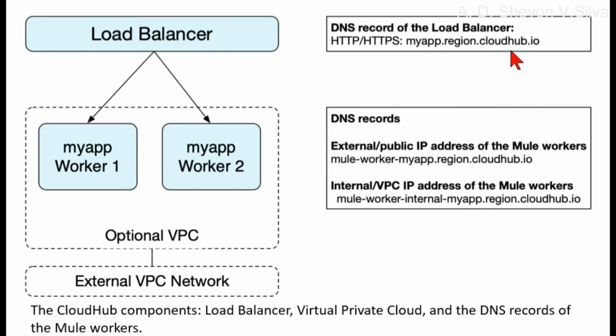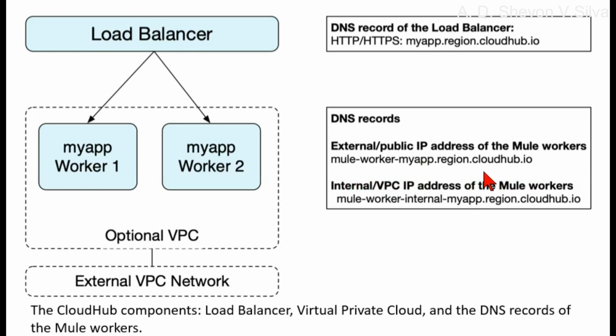Load balancer: myapp.region.cloudhub.io, ports 80 and 443 forward to http.port and https.port respectively. Mule worker: myapp.region.cloudhub.io, the external IP address of the Mule worker.